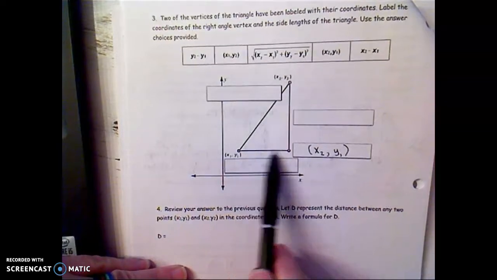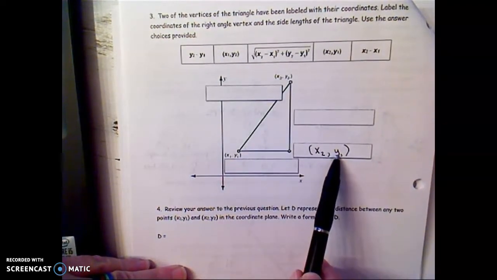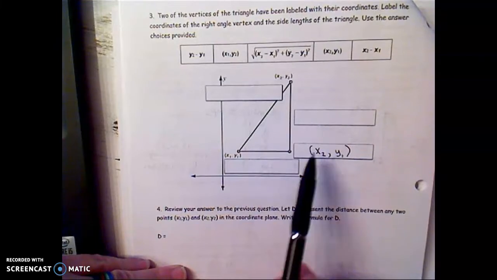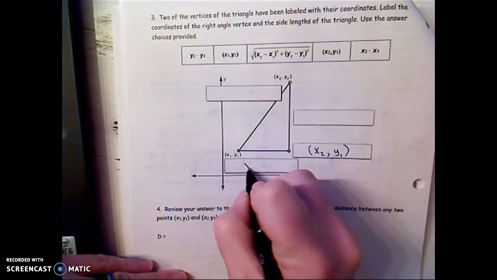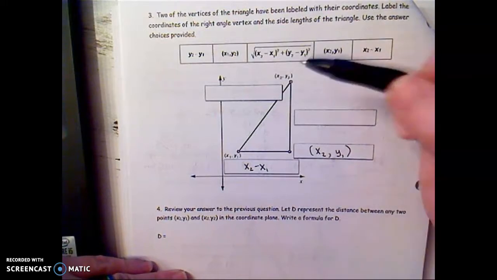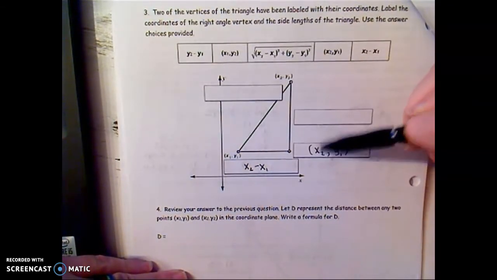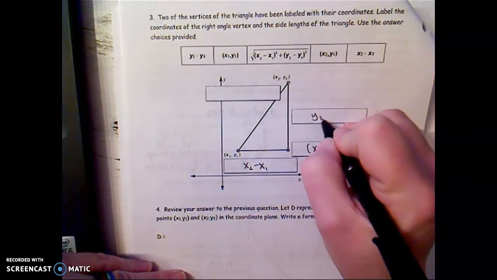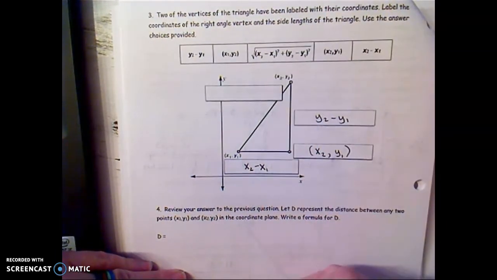So now to find this distance, remember they have the same y value. The distance is the change in the x. Always the bigger one minus the smaller one. So we're going to write this as x sub 2 minus x sub 1. And here they have the same x, so the distance is the change in the y. So y sub 2 minus y sub 1.